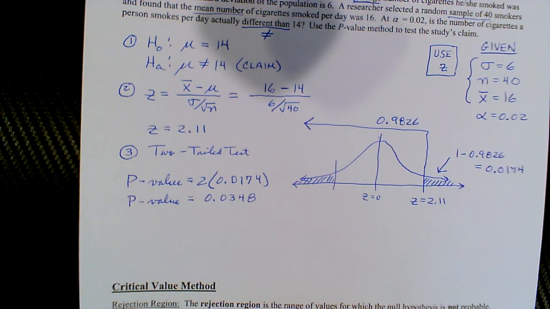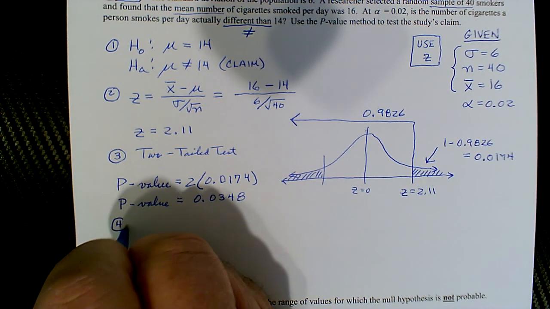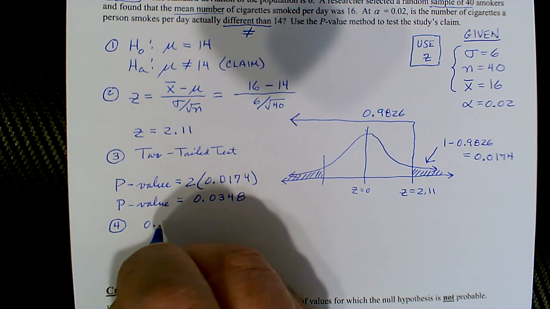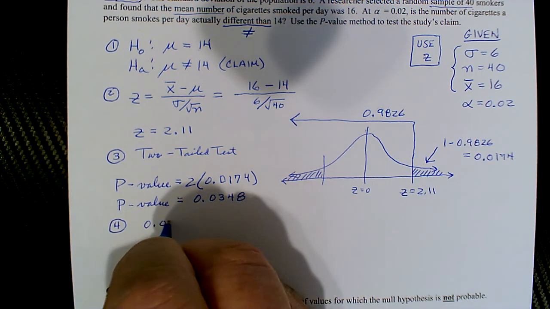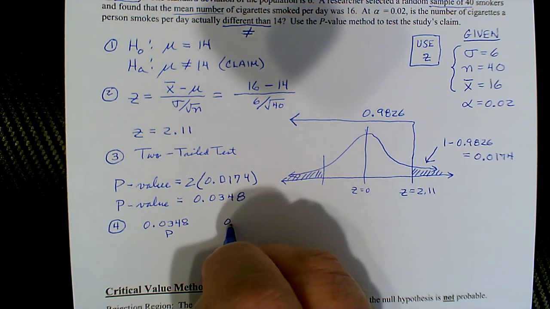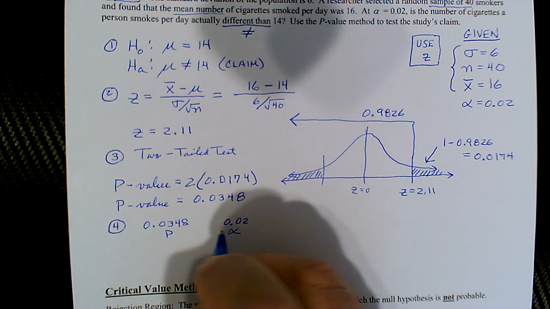And our decision then, step 4, compare p to alpha. P is 0.0348. Alpha was given to be 0.02. P is greater than alpha.